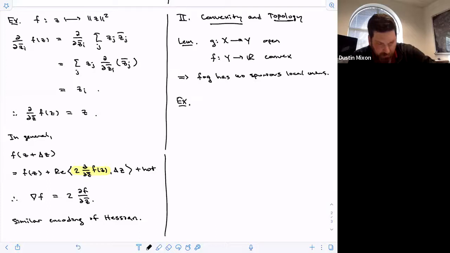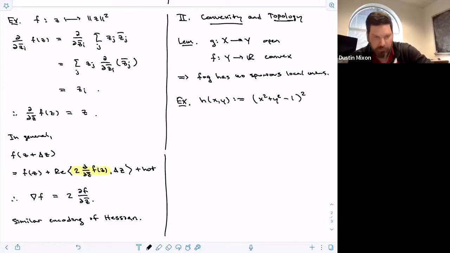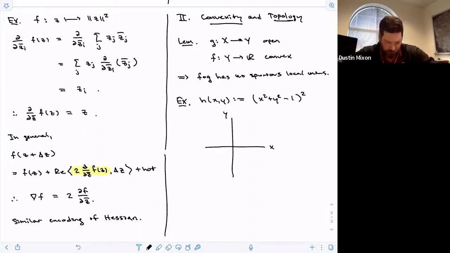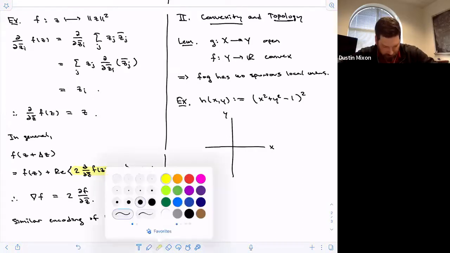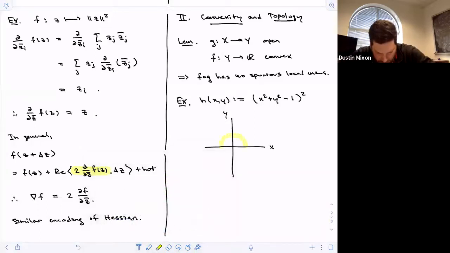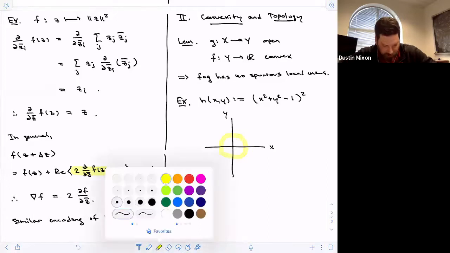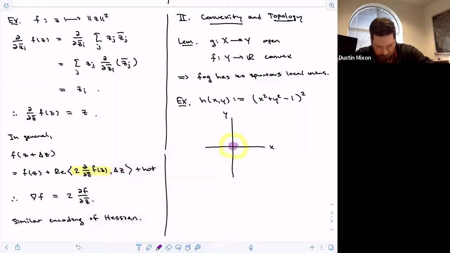So for example, let's take a function that takes two real variables and kicks out this nasty quantity. Okay, so I'll try to plot this. I'm going to have a minimizing set along the unit circle. And then it gets a little larger here in the middle. And then it also gets larger outside the unit circle.